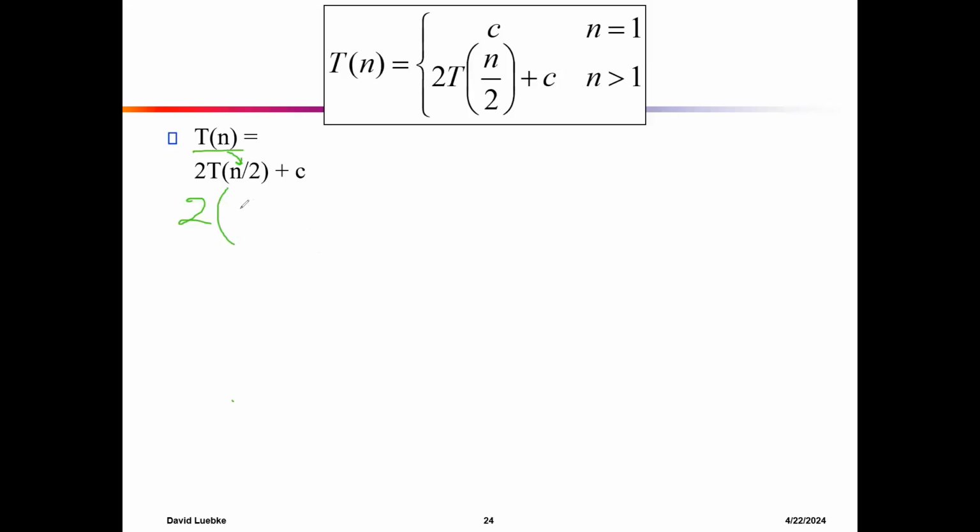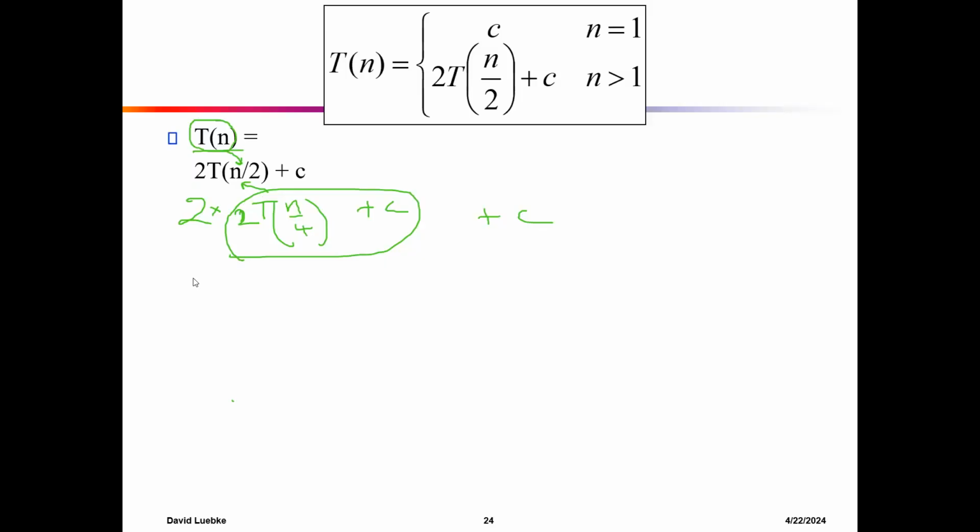Here will be 2 times t of n over 4, times 2, plus c. So this here would be equal to this part plus c. So this here became this. So now this part here is what this is.